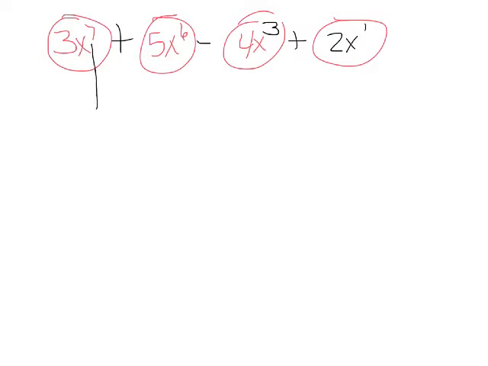The degree, the highest degree of the polynomial, tells us a little bit about end behavior. So if it is an even degree, both ends are going to point in the same direction, either up or down. And what goes on in the middle may vary a little bit, but the ends happen the same.